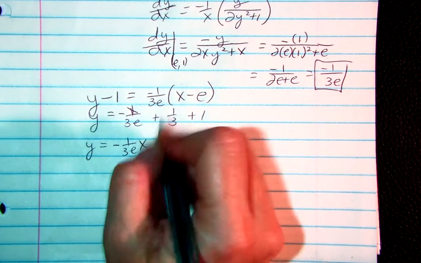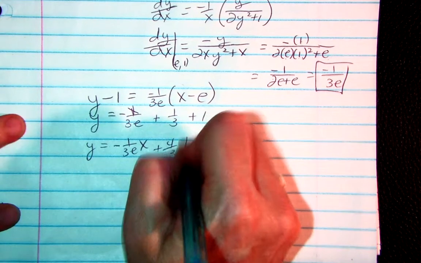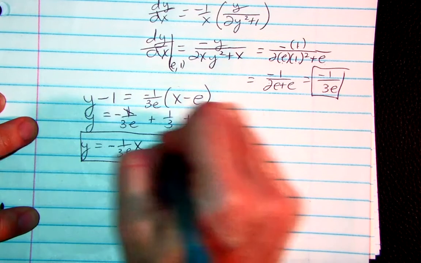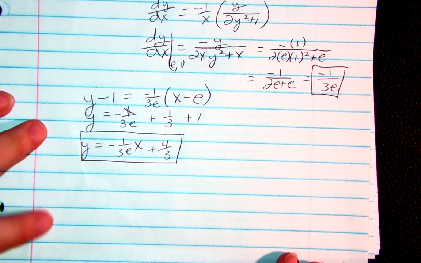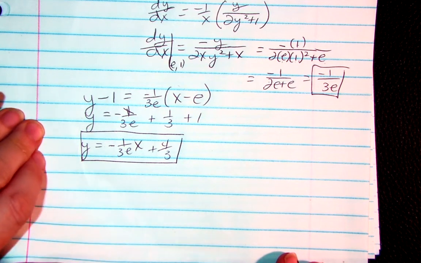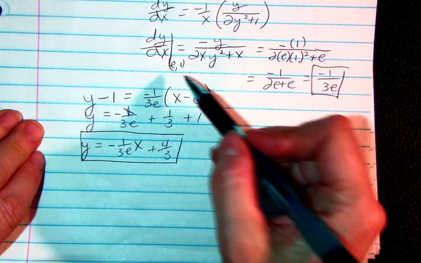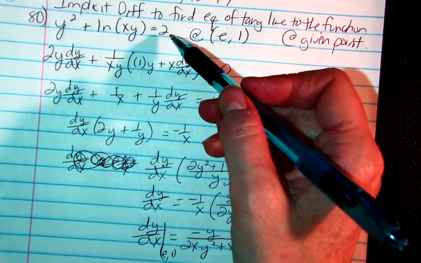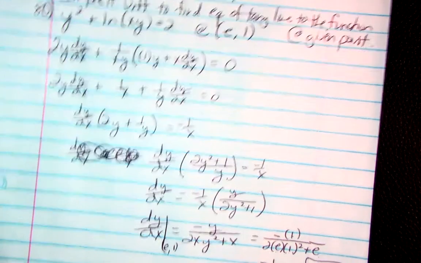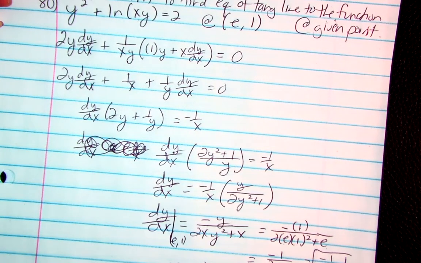Maybe I'll leave the x separate. There's the equation of the tangent line to the original function at the point (e, 1), and I had to use implicit differentiation. So that's some good review with some difficult mathematics.